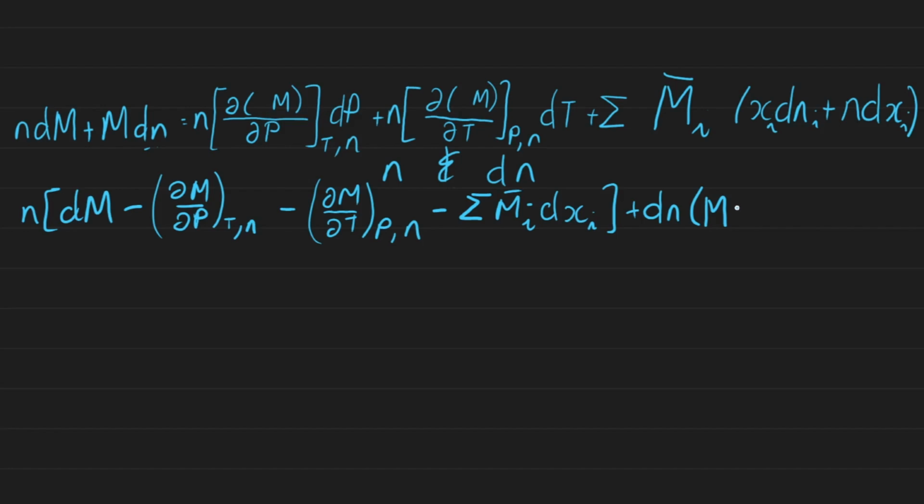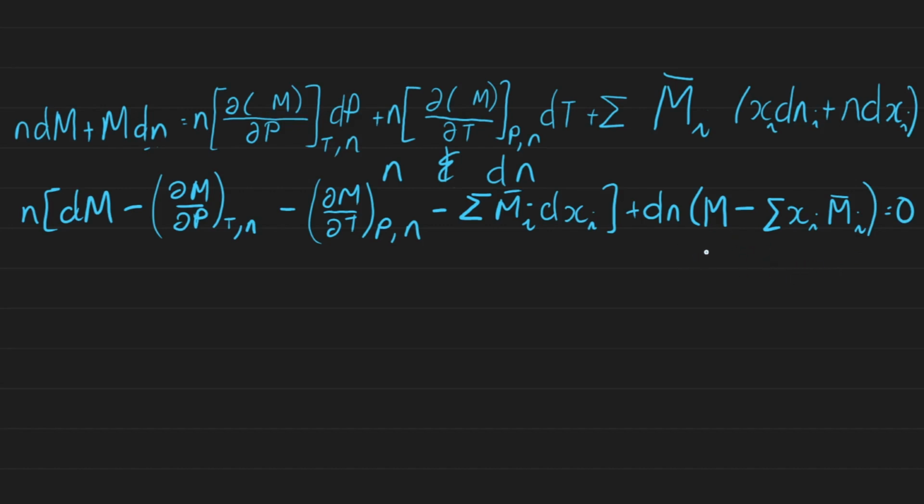So we have minus, because we took it to the other side, minus the sum of xi times this m bar i, partial property. And all of this is equal to 0, because we have left nothing on the right-hand side. So we can look at this and analyze some things.